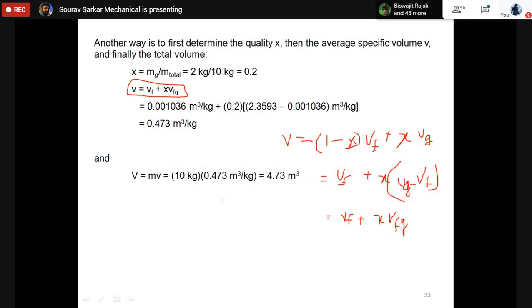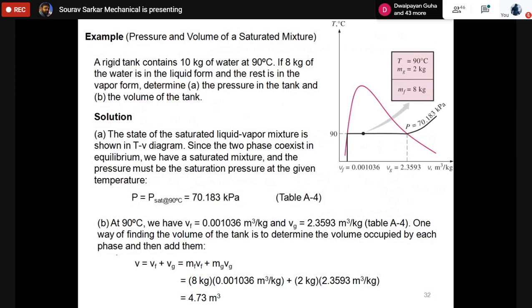But finally in this way we can calculate the average specific volume. This is for the mixture. Now if I multiply with the total mass, I will get the volume. I can use it like this, or even I can solve it another way.